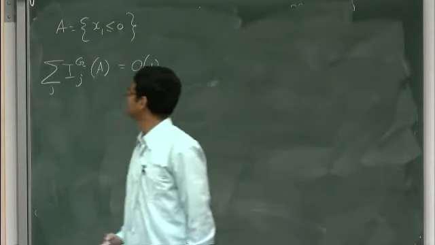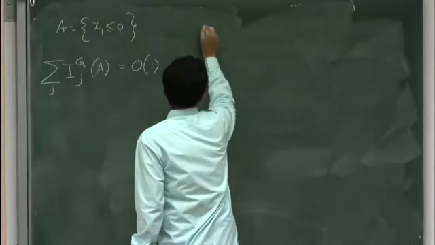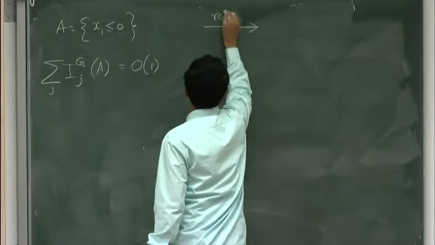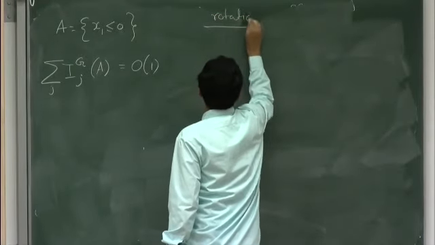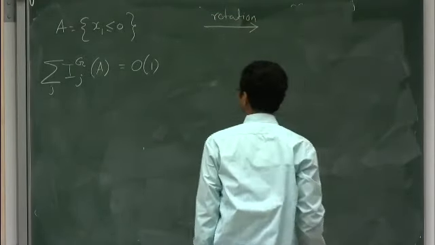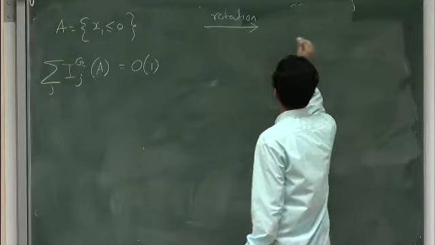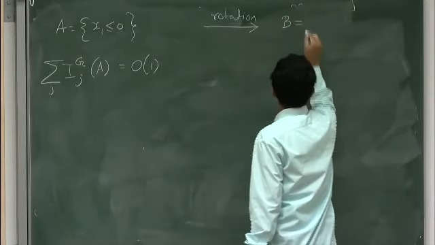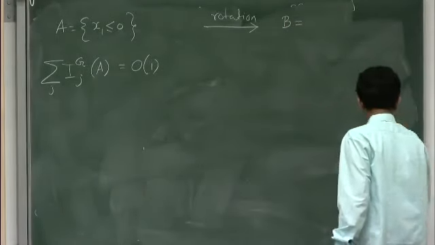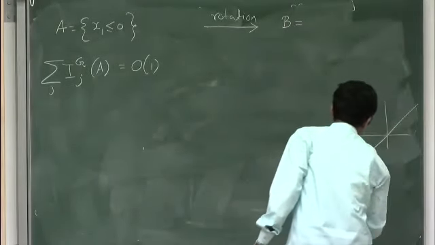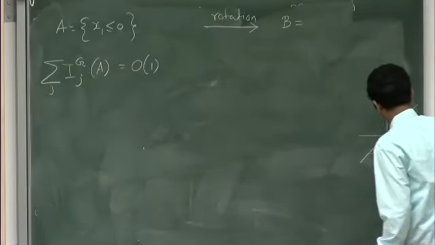Now I do a rotation and get a new set B, which is something like this subspace.